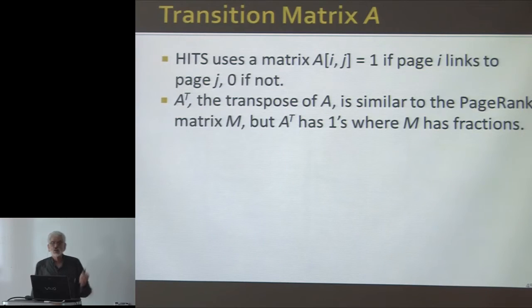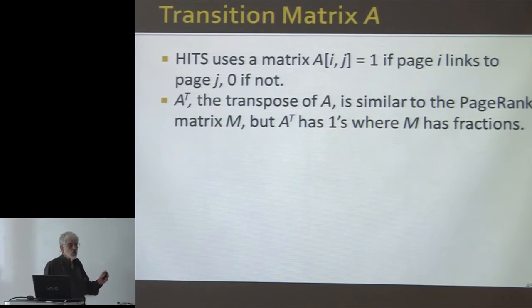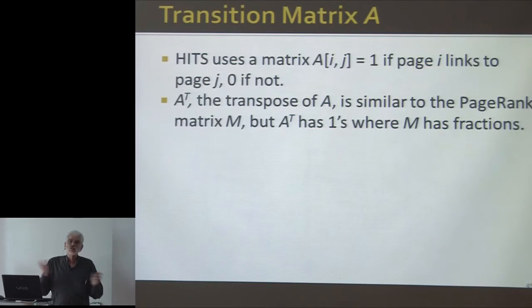So as a result, the transpose of the A matrix looks like the PageRank matrix that I called M. However, it's still not the same because the matrix M had fractions, 1 over n if a page linked to n pages. Here, in the A matrix, you just put a 1 to mean a link, and it doesn't matter how many other links there are coming out of the page.